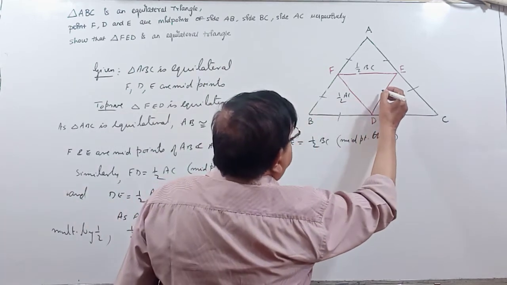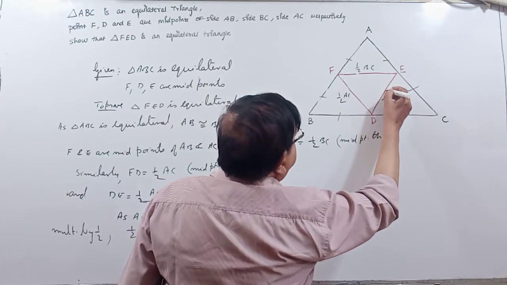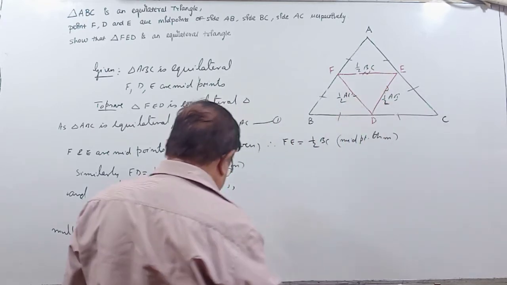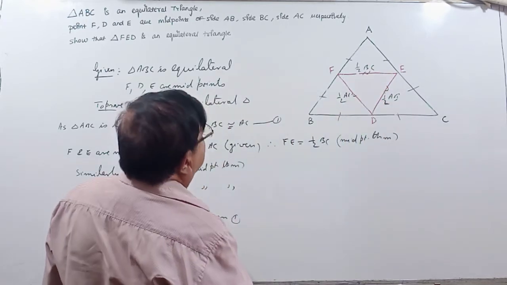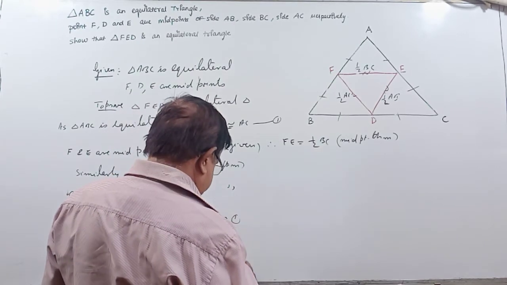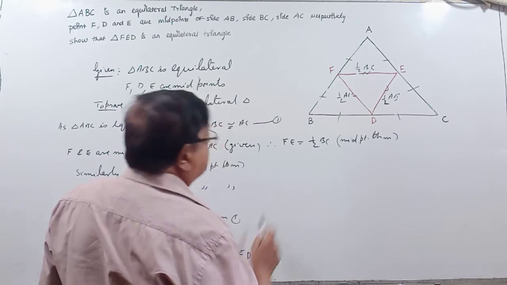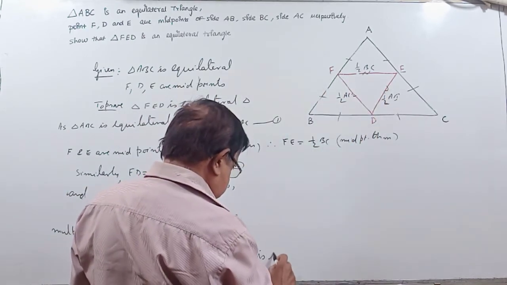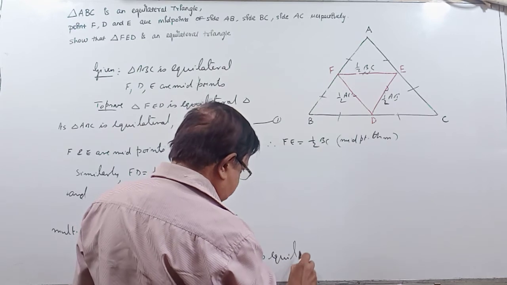This is congruent to this, congruent to this. Therefore, triangle DEF, triangle FED, is equilateral because all sides are congruent.